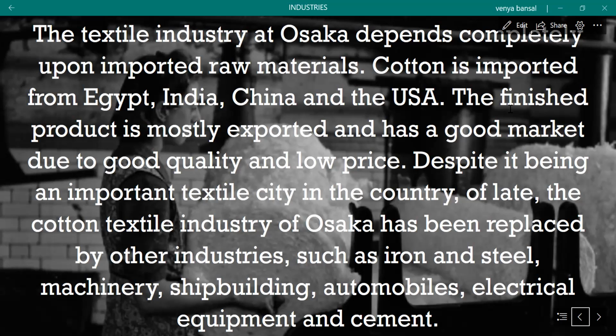So basically, the type of industry and the conditions it is governed by play a major factor in its establishment. Thus, we learned in this slide how the cotton textile industry in Osaka has now been replaced by other industries as per the requirement of time.